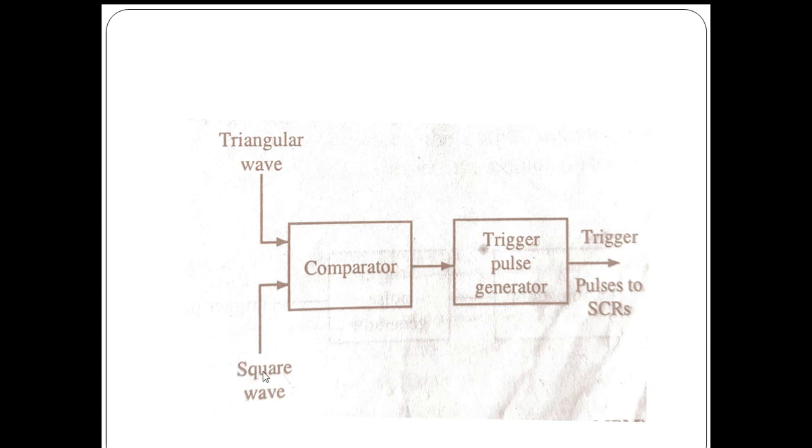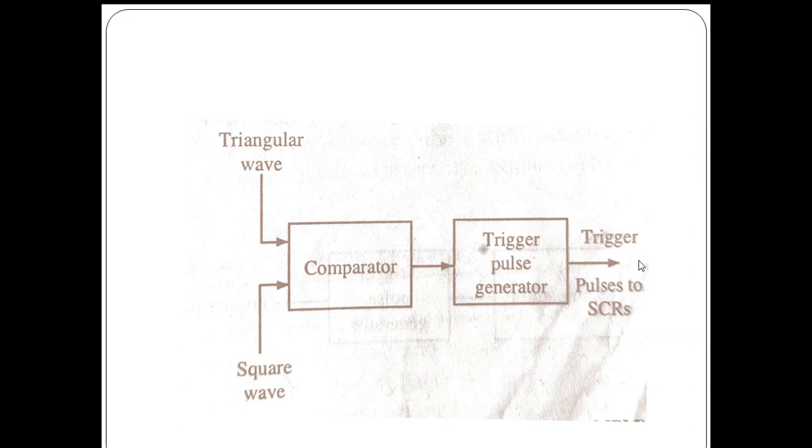Whenever the triangular wave has more magnitude, at that portion it is giving a signal to the trigger pulse generator. So during that portion, the trigger pulse generator will be generating pulses to SCR. Then it will be activated accordingly, and output voltages will be generated at the output.